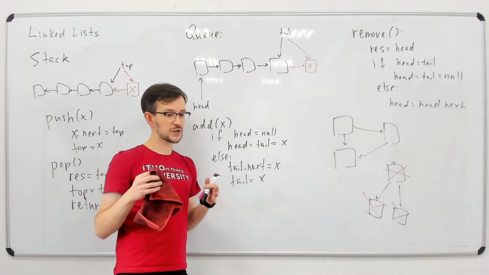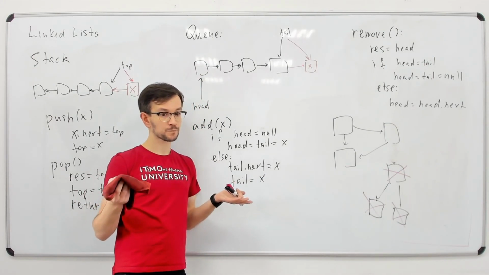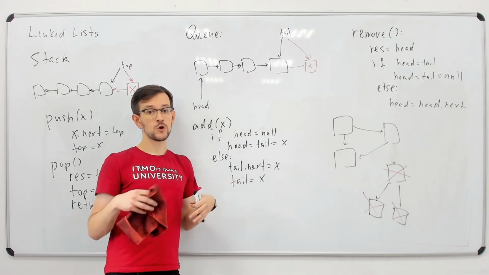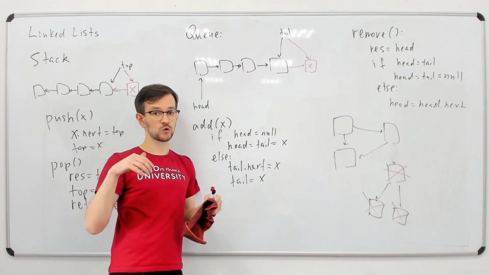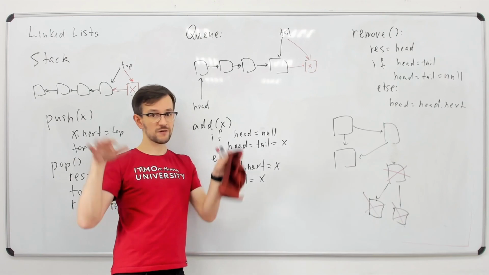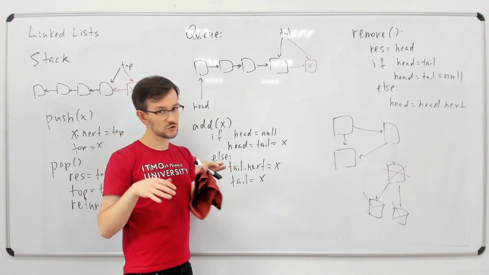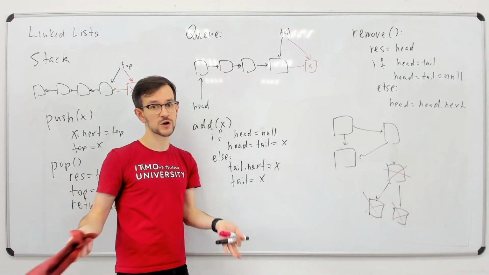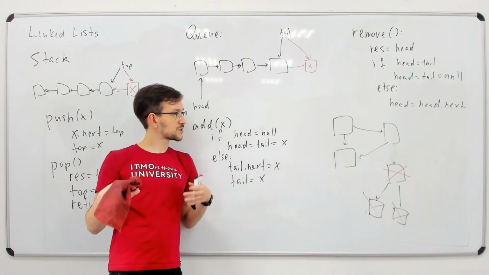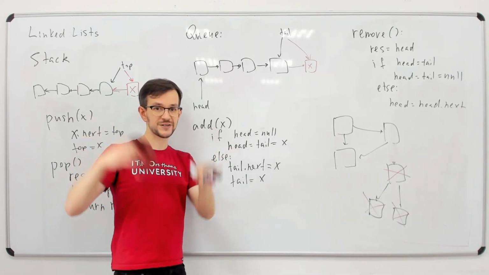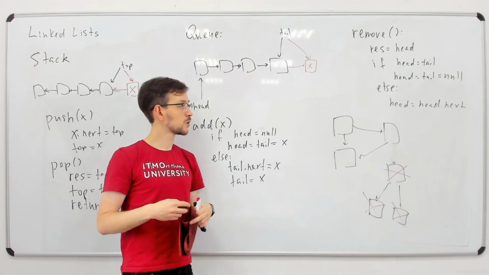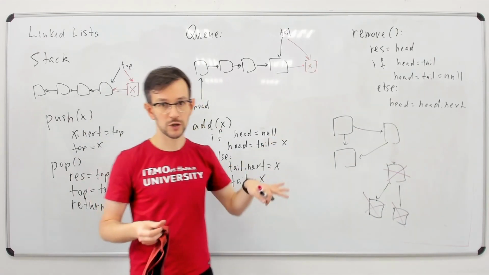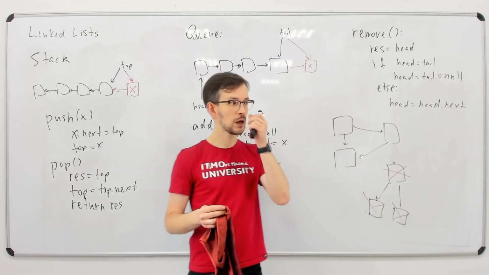Another example is parallelism. When you want your data structure to work for several threads in parallel, so if you want concurrent data structures, then it's much easier to have a very simple computational model, like the pointer machine model.